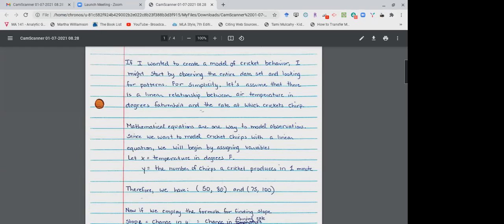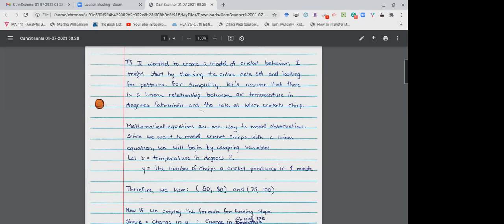So I'm going to begin by assigning some variables. Mathematical equations are one way to model observations. They're not the only way, but I was specifically asked to model the slope-intercept form of the equation. So I need equations, and for equations, I need variables.